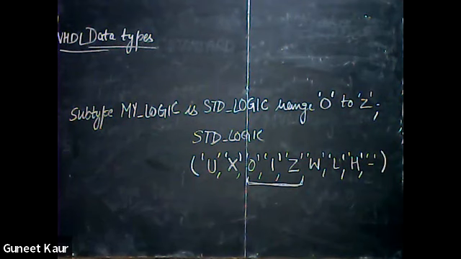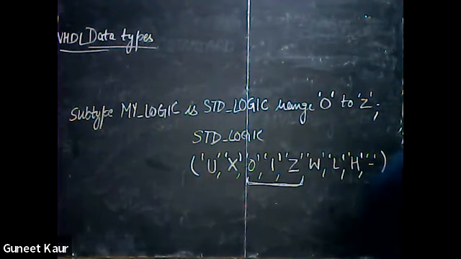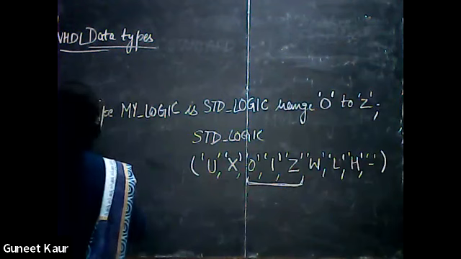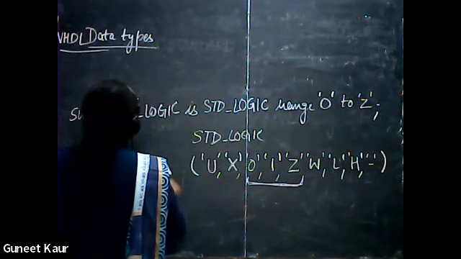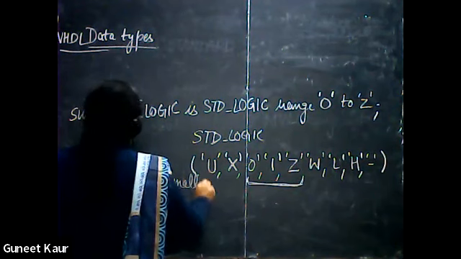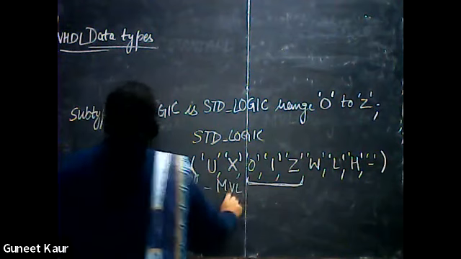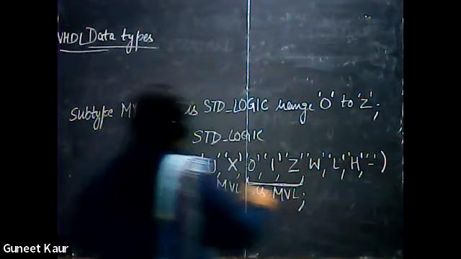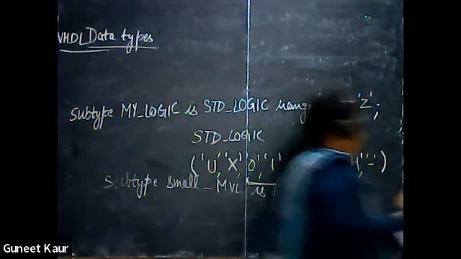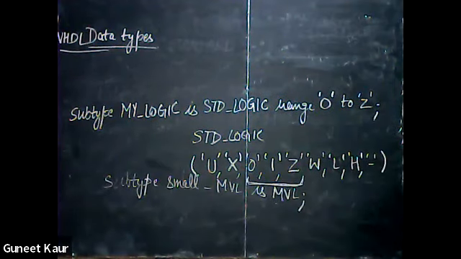It means if I am writing subtype small_MVL is MVL, then in this case small_MVL is a subtype with no constraint.